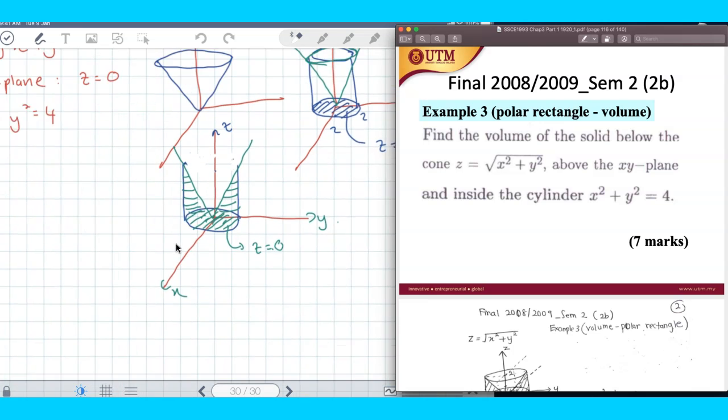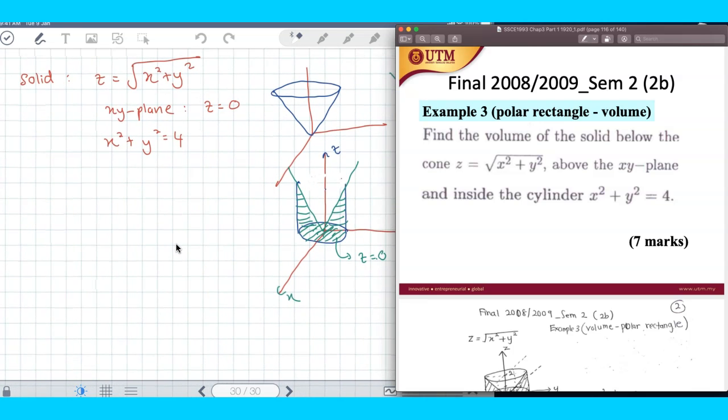Now this is not something easy. Here is the formula to get the volume using a double integral, where your function is in terms of x and y, and then dA over the region in the xy plane.